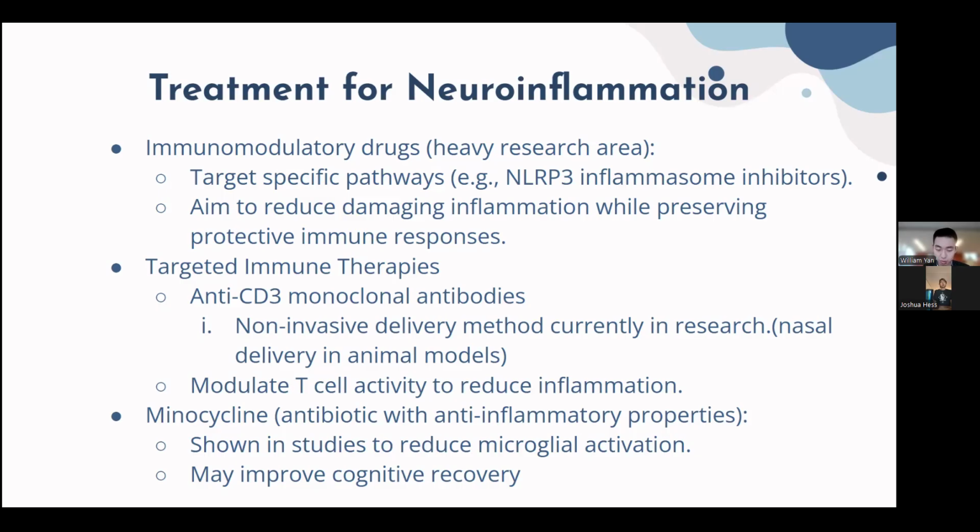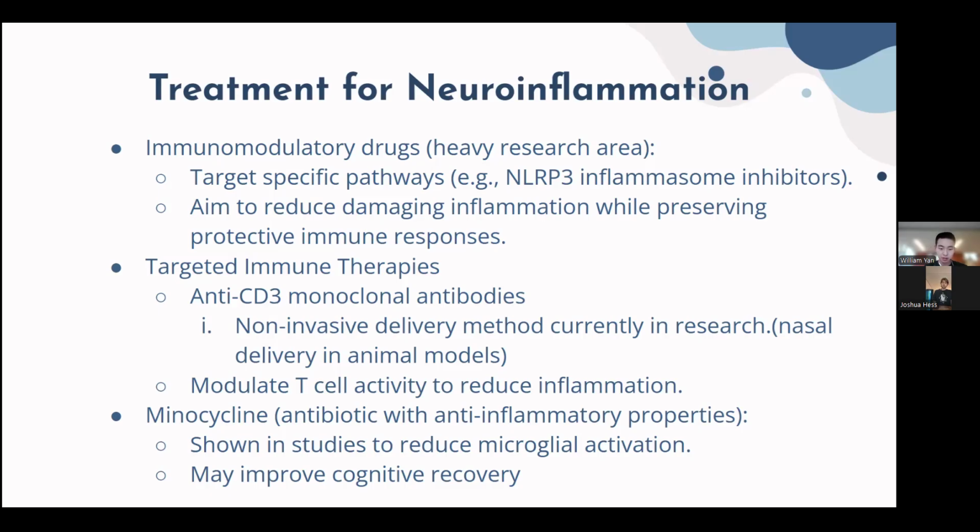So the main aim is to reduce damaging inflammation while preserving this protective immune response. Another new area of research is targeted immune therapies, such as anti-CD3 monoclonal antibodies. CD3 is a marker for T cells, which are adaptive immune cells.